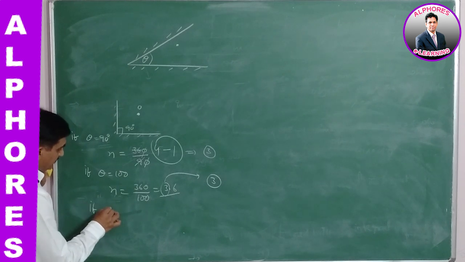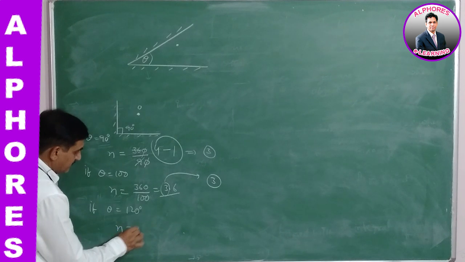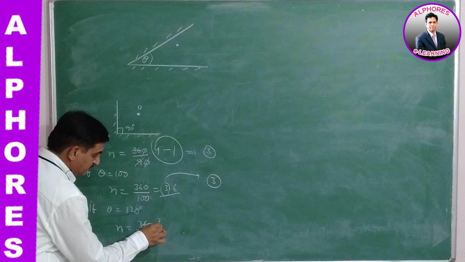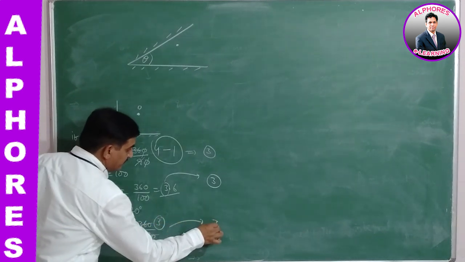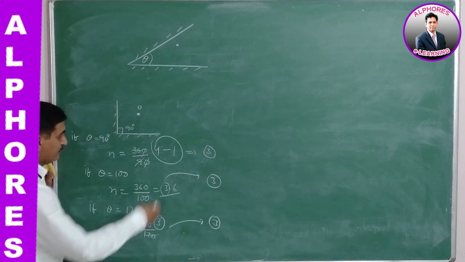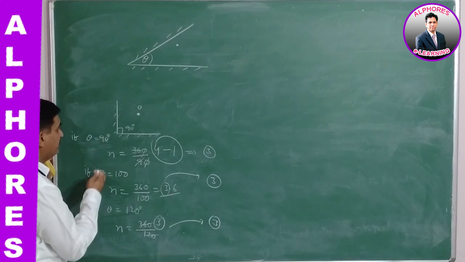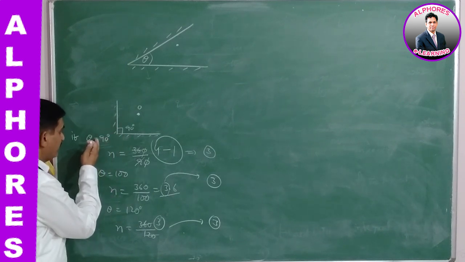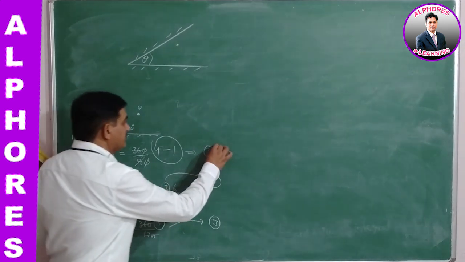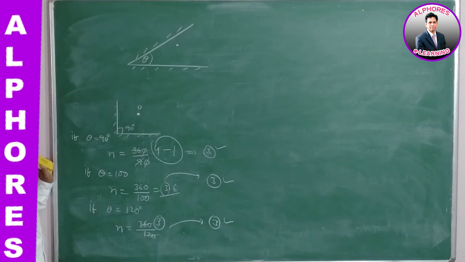If theta is equal to 120 degree, n is equal to 360 by 120, which is 3, so the number of images formed will be 3. So we are observing that for any value of the angle between the two plane mirrors from 90 to 120 degree, the number of images formed will be unique. It is fixed.